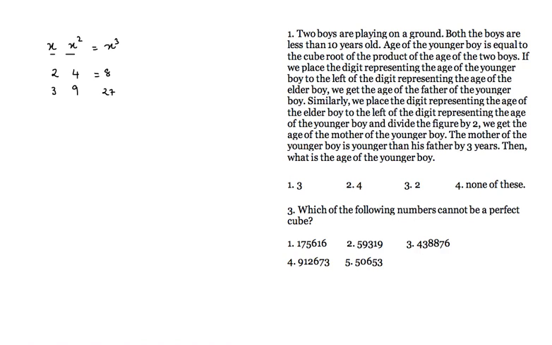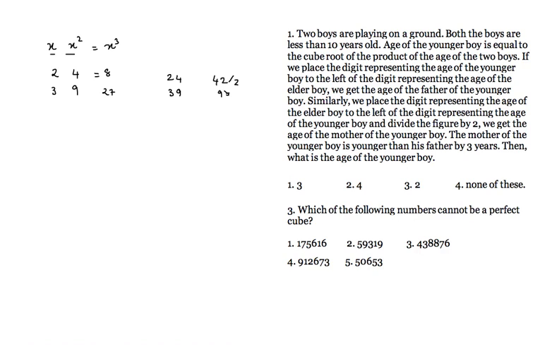Now let's proceed further. If we place the digit representing the age of the younger boy to the left of the digit representing the age of the elder, we get the father. So the father is either 24 or 39. Similarly, if you do the reverse, so you put 4 first and 2 later, or 9 first and 3 later, and you divide by 2.